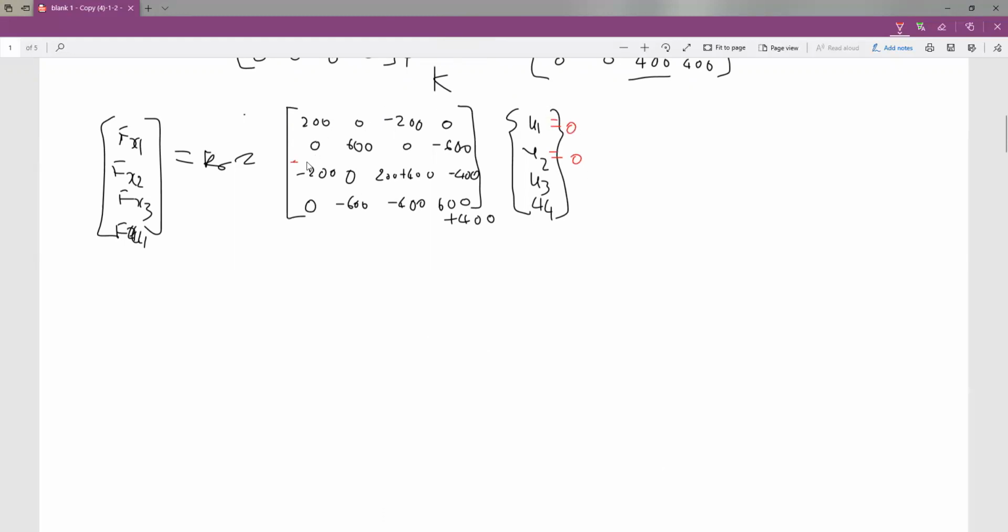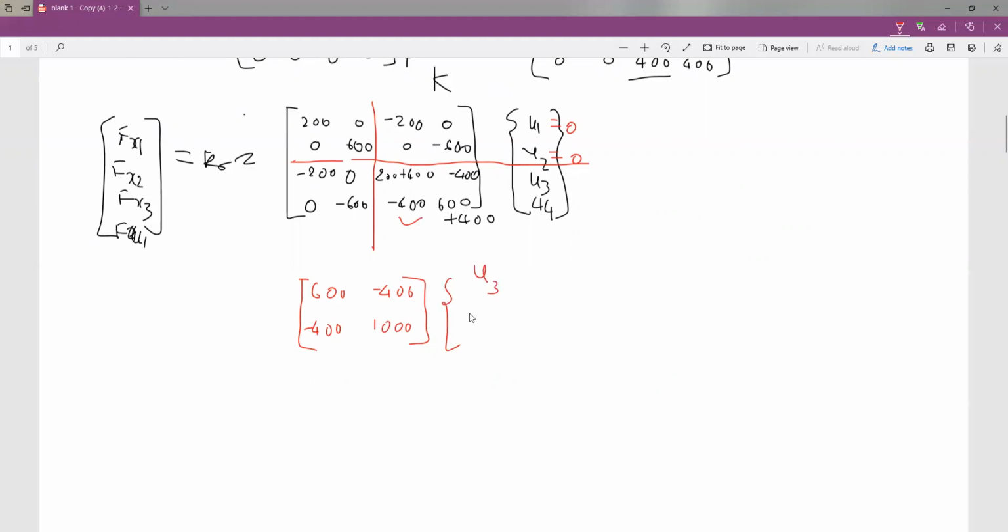So as I told you, we can do the partition from the first two rows and first two columns. And what is left here with us is this matrix, which is going to be useful for determining U3 and U4. So I'm writing that partition matrix now separately. The total is 600 here, minus 400 here, minus 400, and 1000.